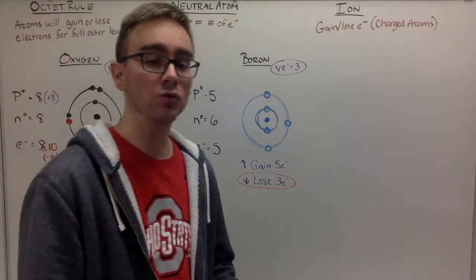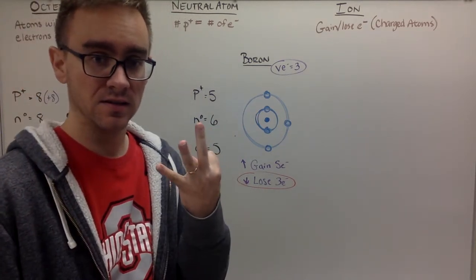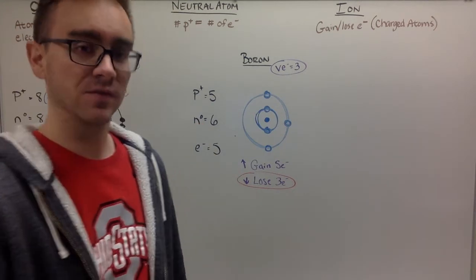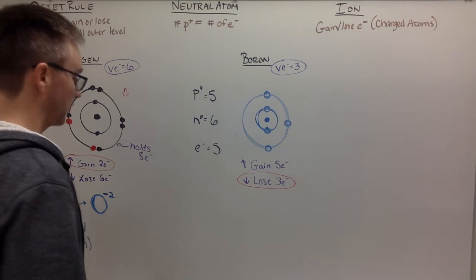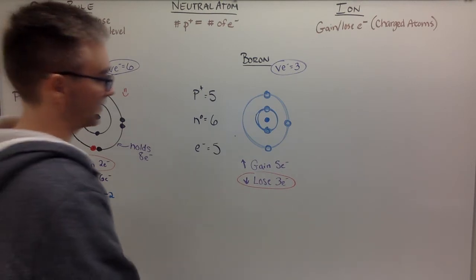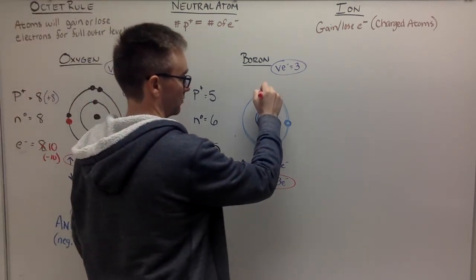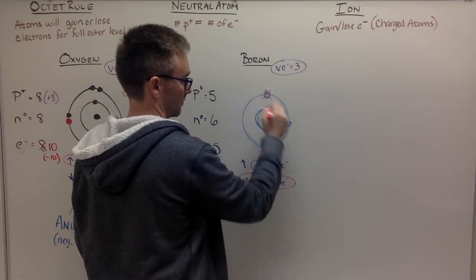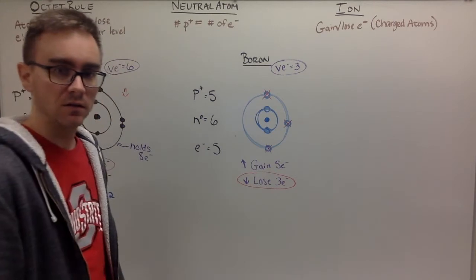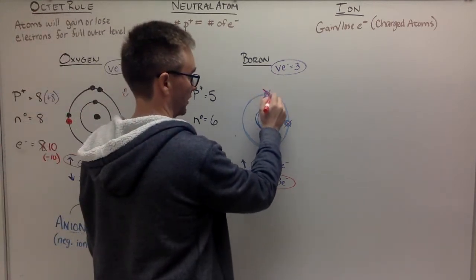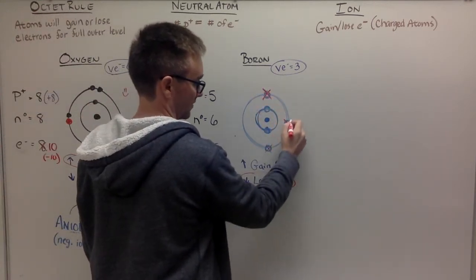It's going to do whatever is simpler. Losing 3 is easier than gaining 5. It's only 3 of them. And so it's going to lose those 3. Basically it's going to get rid of these. They're going to leave. Where do they go? That's for the next lesson.